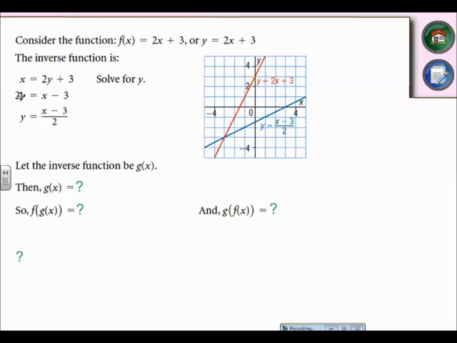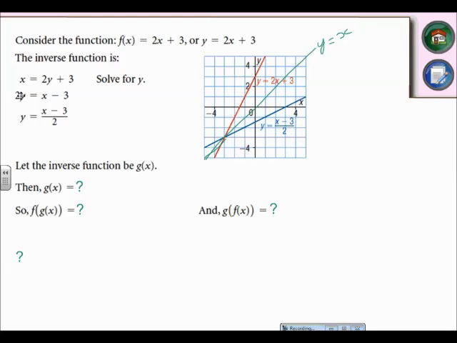The fancy thing about these is that when we're doing our inverse, we know that it's reflected about the line y equals x. Interesting. Very interesting. Watch this.